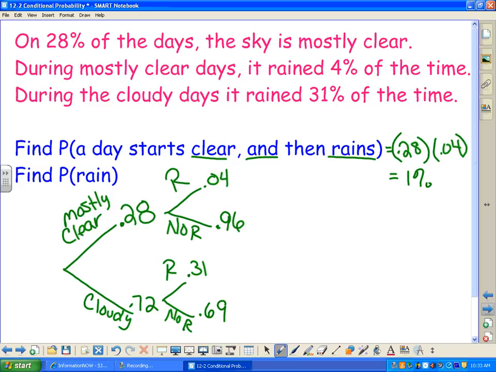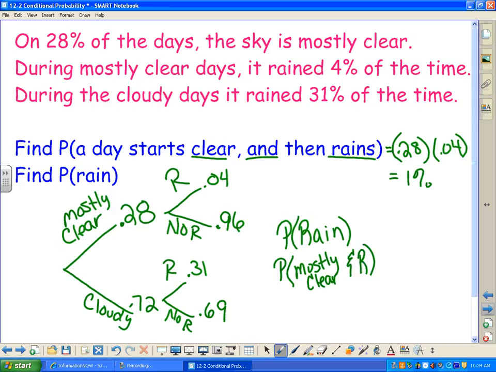And the next one says, find the probability that we get rain. How can we get the rain? There are two ways to get rain. How can we get rain? Okay, we can have mostly clear and rain, or we can have cloudy and rain. What are we going to do with those two probabilities? Add them.